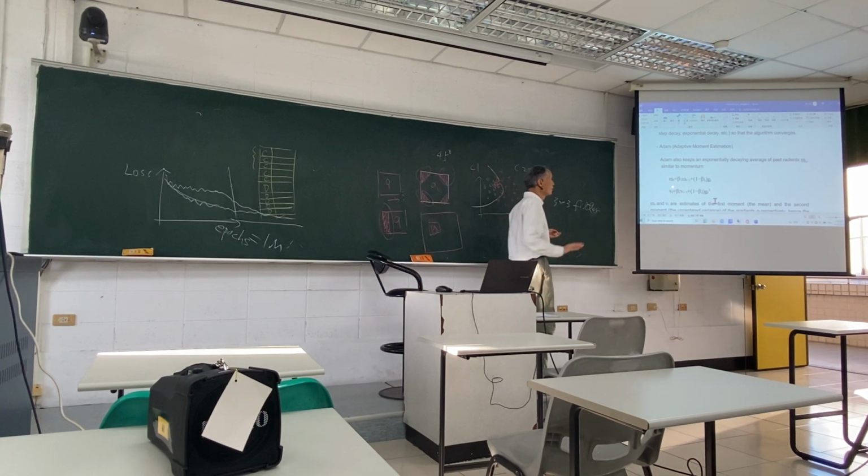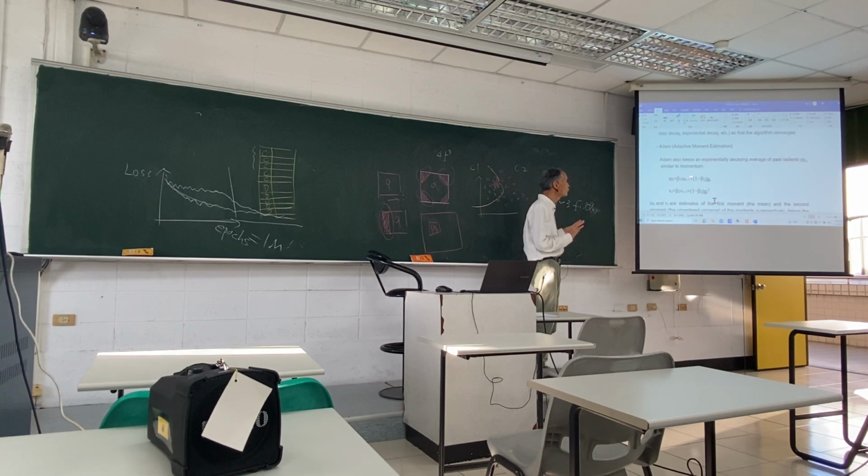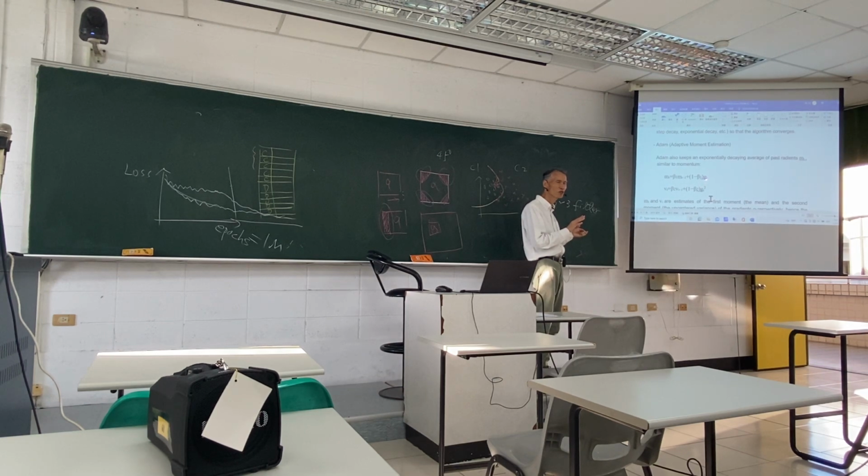Then this is m, which you can call the first momentum, and this will be the second momentum because it is the gradient squared. Now, how do you call this equation? You learned something like this from quality control, for SPC control.